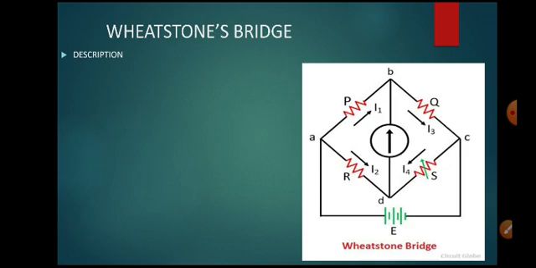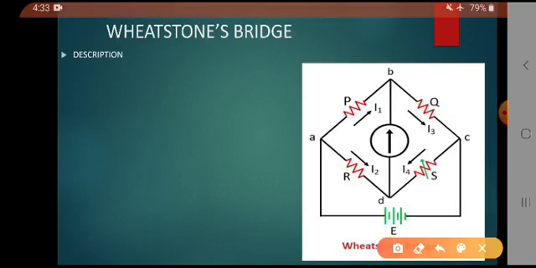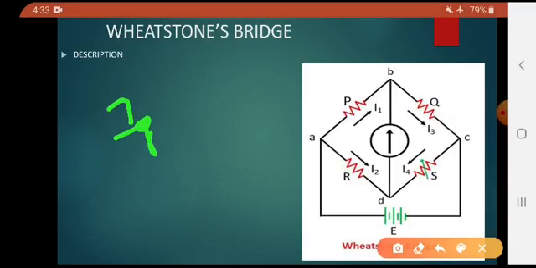In general, there will be a current flowing across all the resistances as well as the galvanometer. The galvanometer current is represented by Ig. In general, the current passes through all the resistances, starting from the battery.